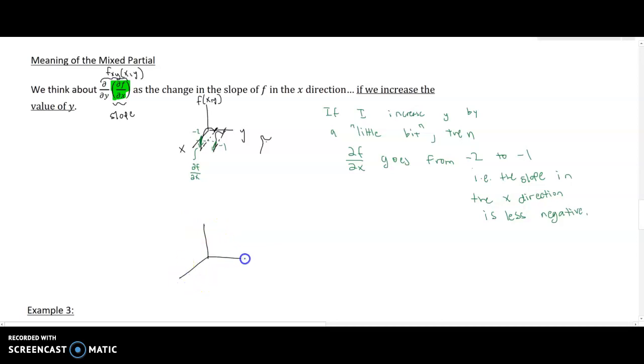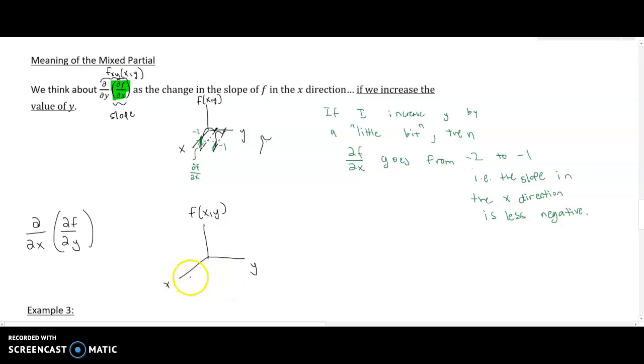So here we have, again, the x, y, and f of xy axes. And let's say what I want to look at is how does the slope in the y direction change? Here's my change operator. What is the change in that slope in the y direction if I change x by 1?